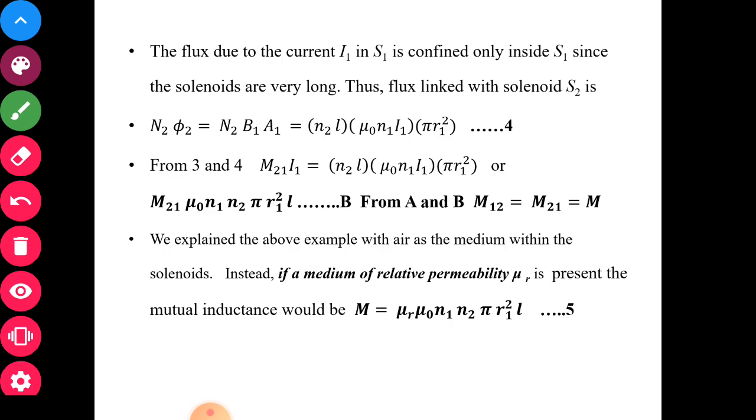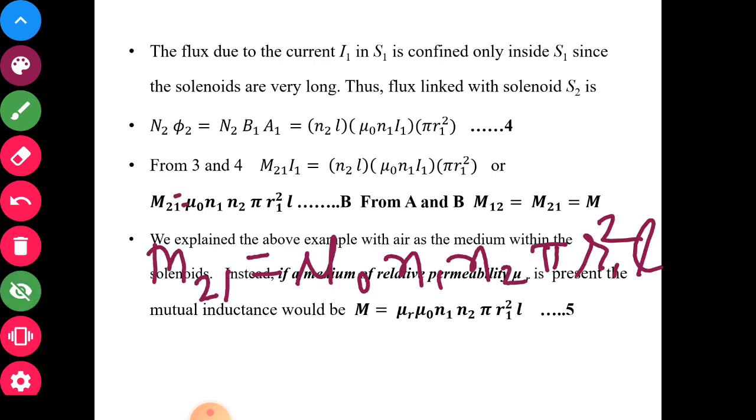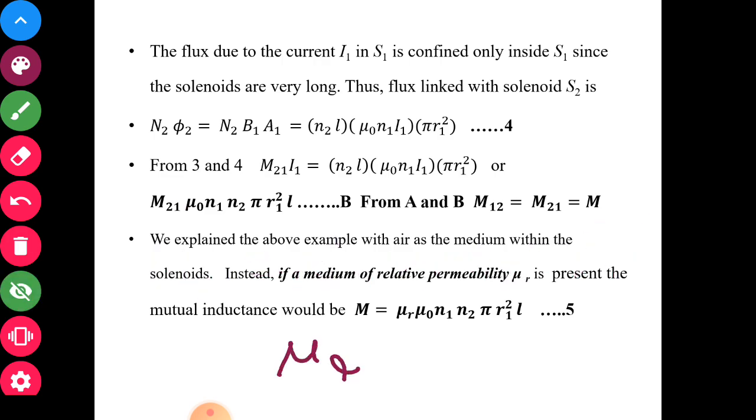We explained the above example with air as a medium, or say vacuum as a medium, because we have taken the permeability mu 0 within the solenoid. Instead of it, you put some other medium of relative permeability mu r. As you know, mu r is equal to mu, that is the permeability of the medium, upon the permeability of vacuum.